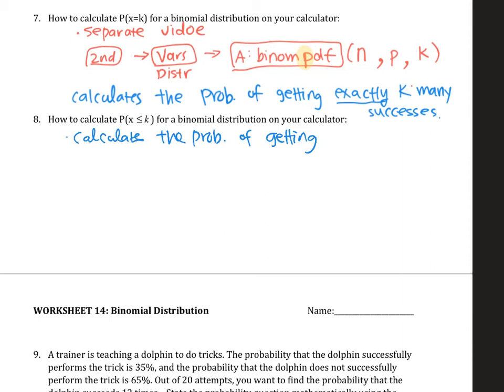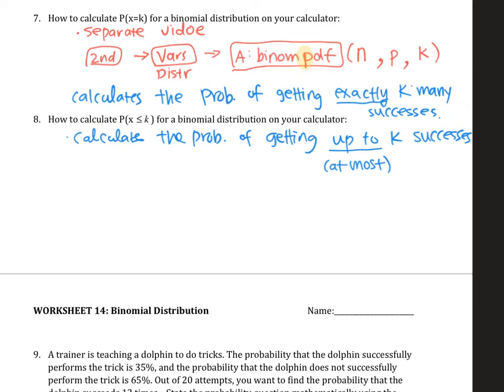Here, I want to look at the probability of getting up to k successes, right? So I want to underline up to or at most. So not necessarily getting 3 exact successes, let's say for example, but up to 3 successes. That means 2 successes, that means 1 success is also included. So this probably is going to be a little bit higher.